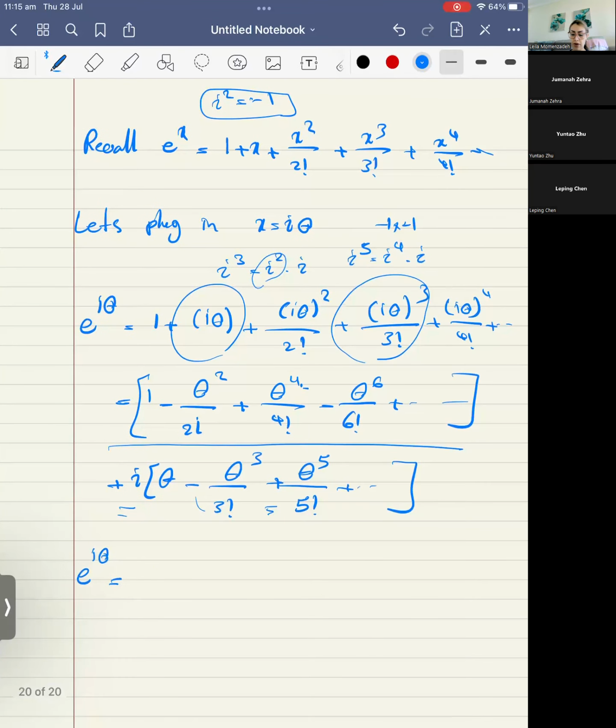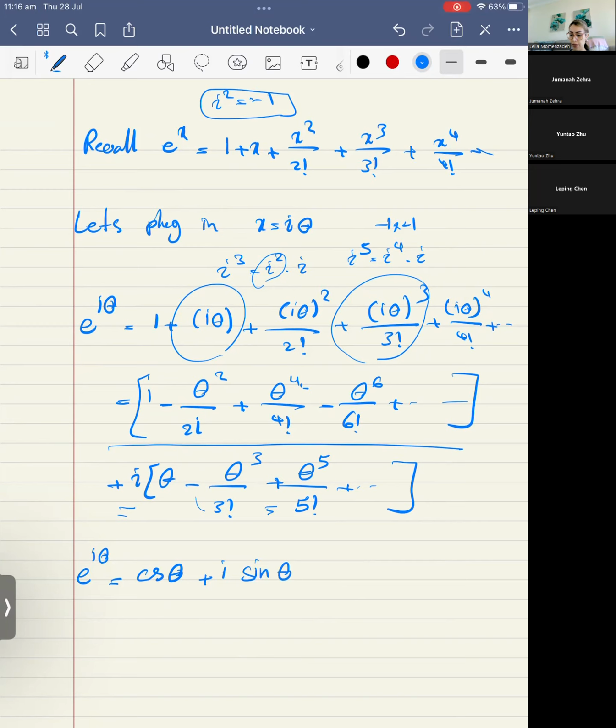You have an x, you have a theta here. We can write a cosine theta plus this one is sine theta. If you check with the sine, you find that this one is i sine theta.